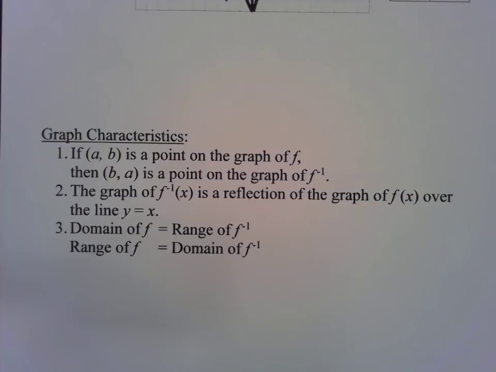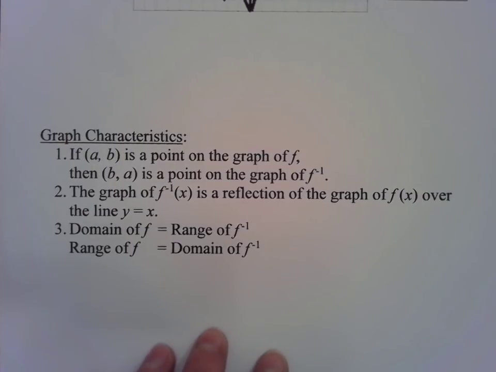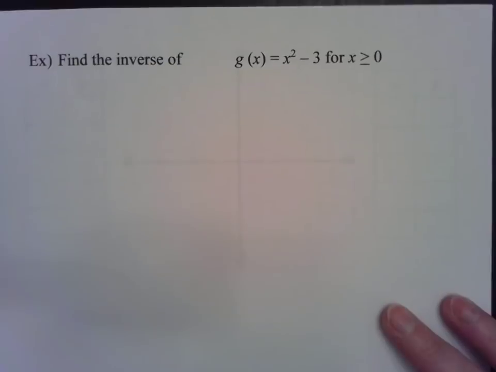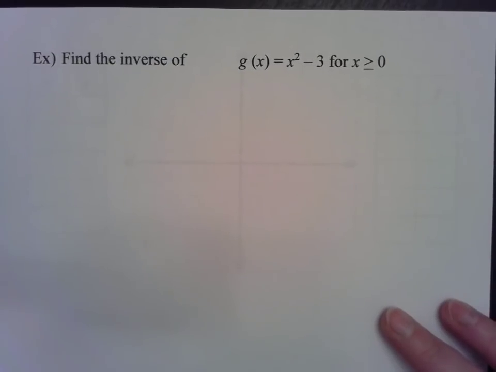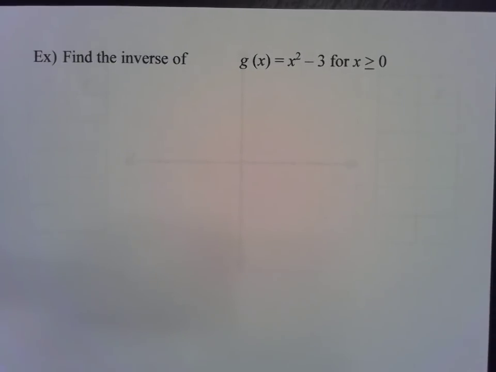Let me give you one more example because it's a little bit different so that you can see another one. Okay, so let's take this function. Let's say we want to find the inverse of g of x, which is x squared minus 3, for x values that are greater than or equal to 0.